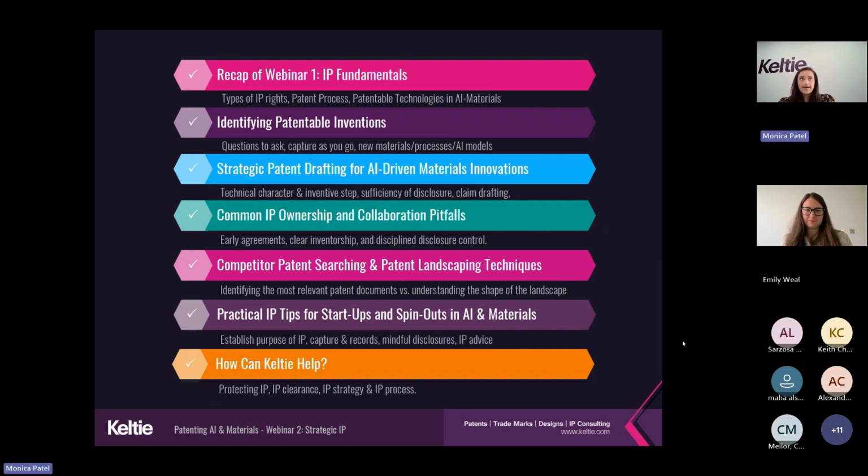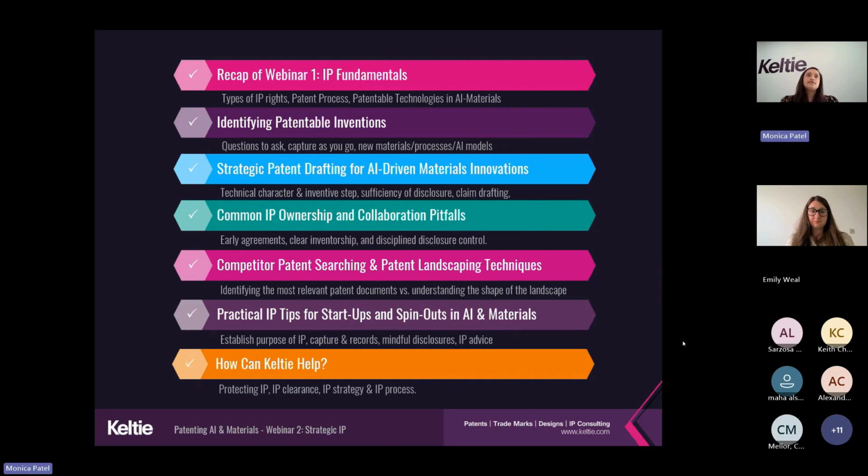We then talked about some strategic patent drafting for inventions in AI-driven materials, where three important points were considering the technical character and inventive step, so the practical technical implementation of your invention, disclosing that invention in the patent application sufficiently, and finally some tips on drafting the claims.